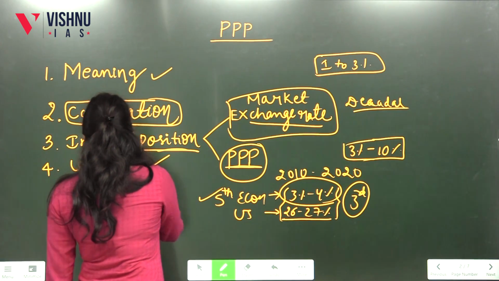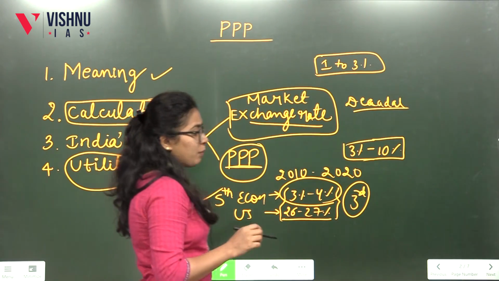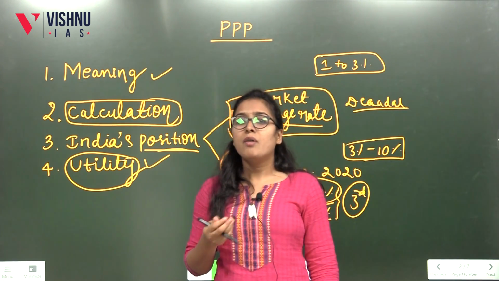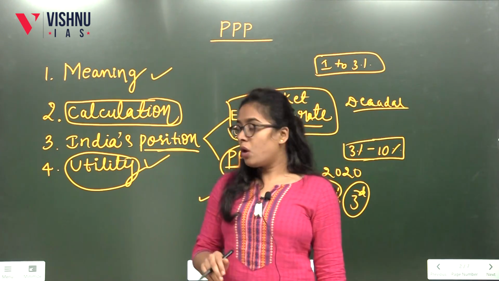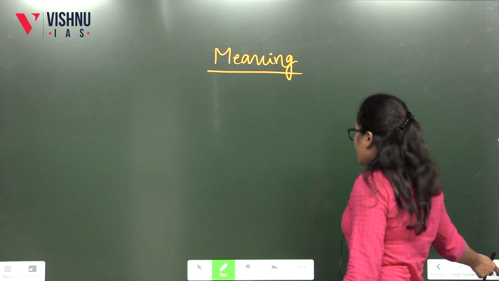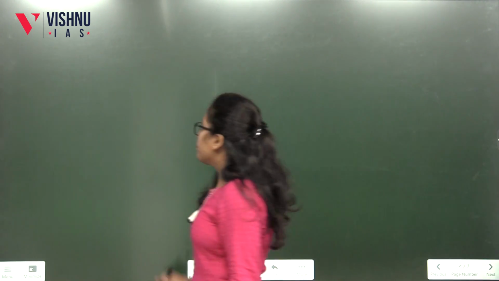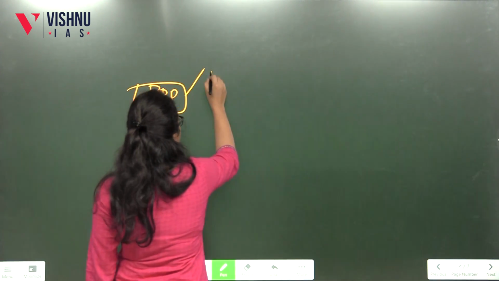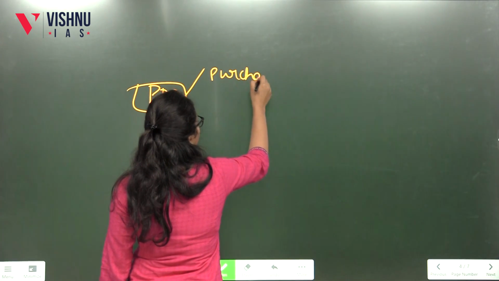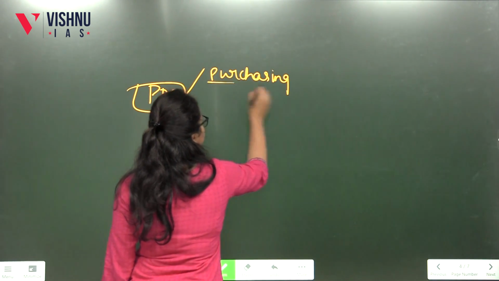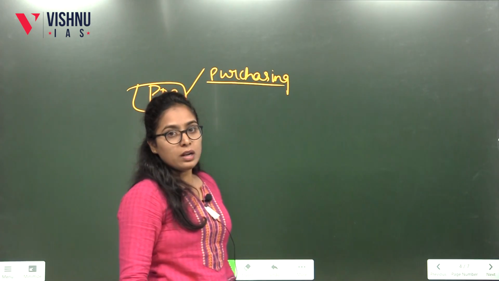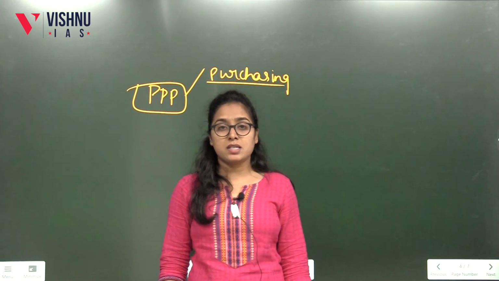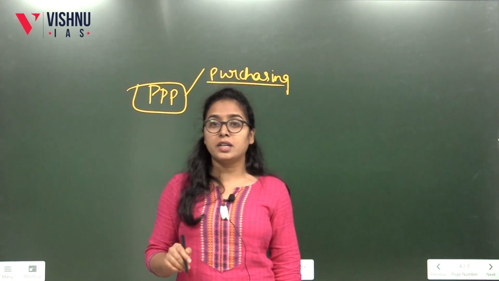Then comes the utility of PPP. People can ask, if it is a notional calculation, why do we have to calculate PPP? Because, as I already told you, PPP shows the purchasing power of the people: how well people are able to command demand in the economy, and how well they are able to come out of poverty and have the basic necessities of life in that particular country.